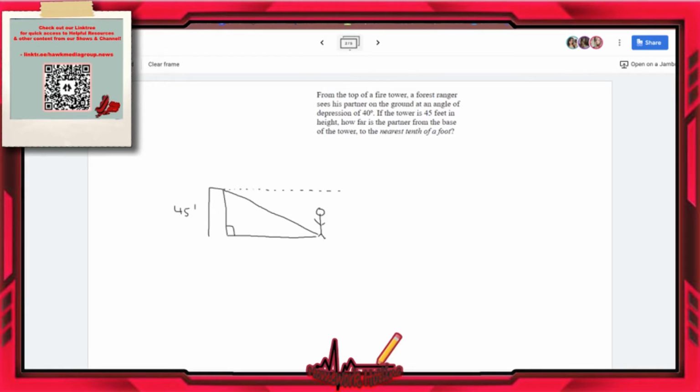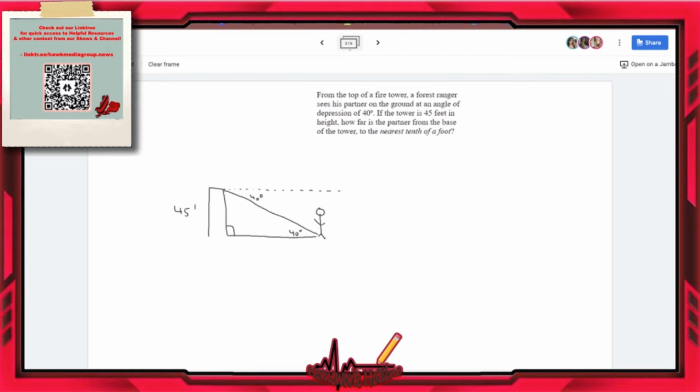The angle of depression of 40 degrees is this angle right here, but that's not in the triangle, so we have to do something to it for it to help us. We can use alternate interior angles because two parallel lines are joined by one line. So the 40 degrees there can become 40 degrees here. Now we have an angle inside the triangle.